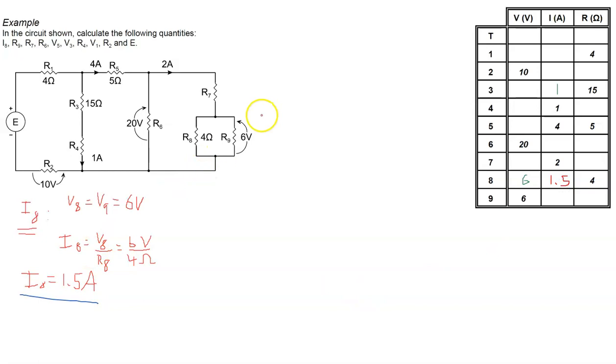Okay, so next, let's think about R9, the resistor value 9. If we're going to apply Ohm's law to it to find R, we need the current through it.